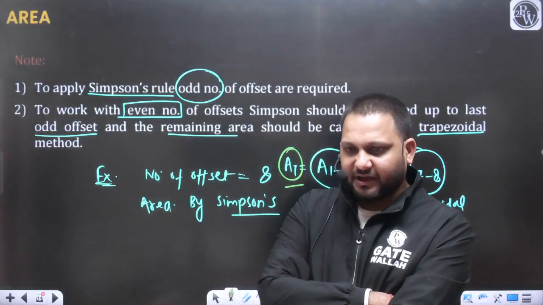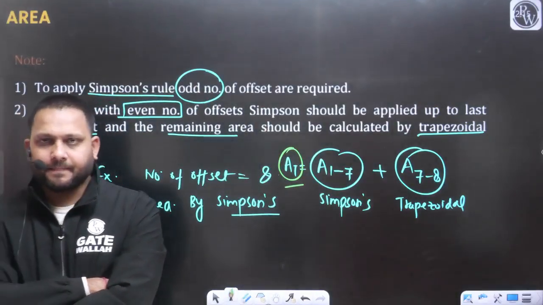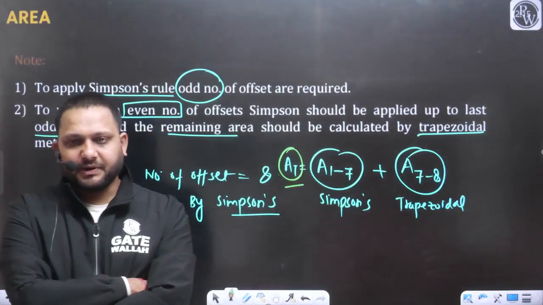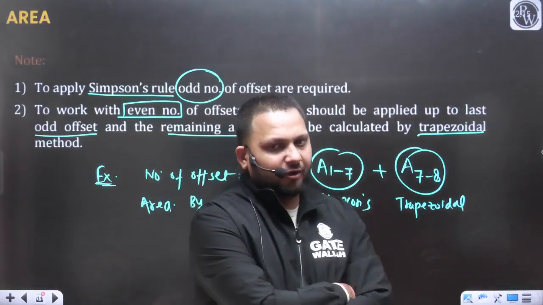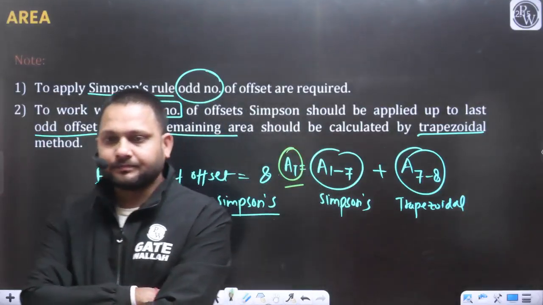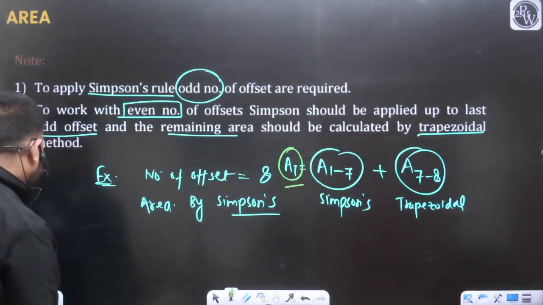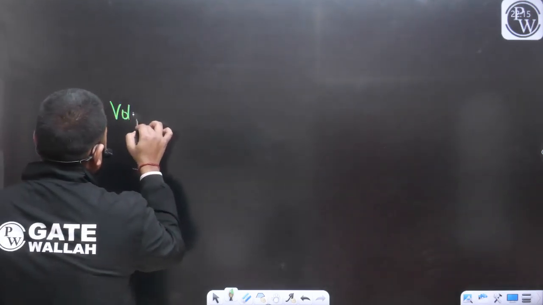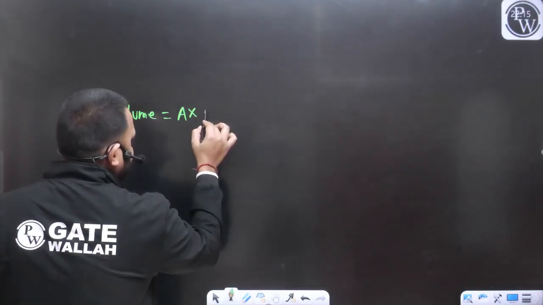So in this way, we have completed our discussion for the calculation of the area. Now we want to calculate the volume. As we have just discussed, we can simply write volume will be equal to area into third dimension.